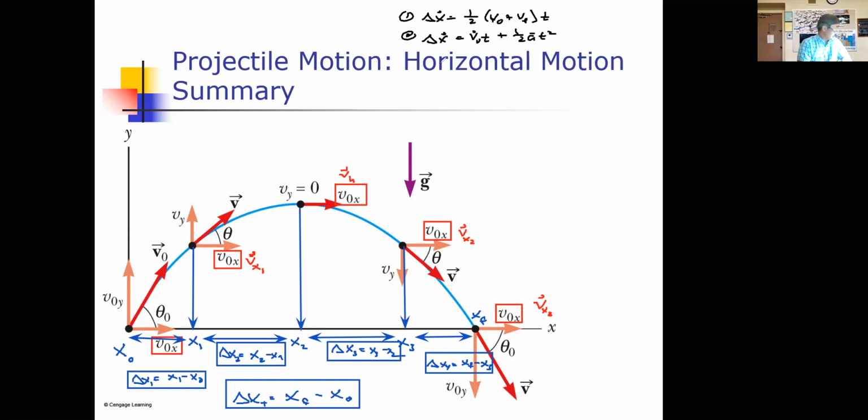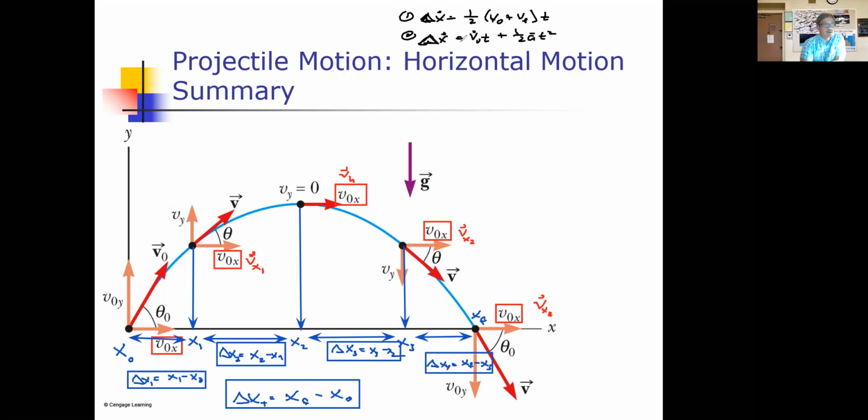Those are the two. There's one more, but we'll leave this out for now. These two give us the displacement directly. Let's examine this. With the very first equation, if we know the velocities and if we know the time, we can calculate the displacement.